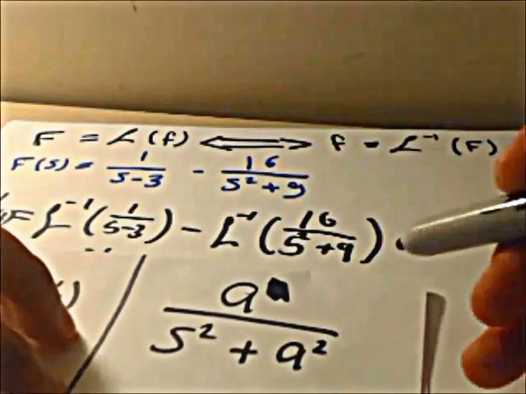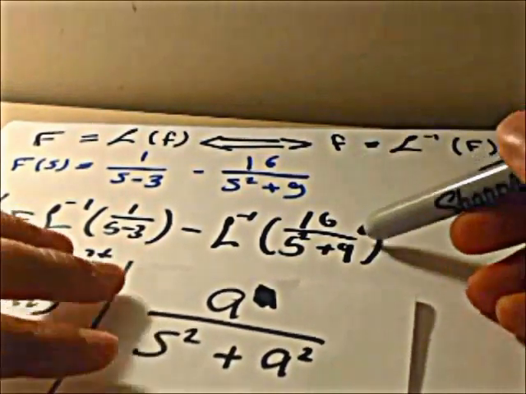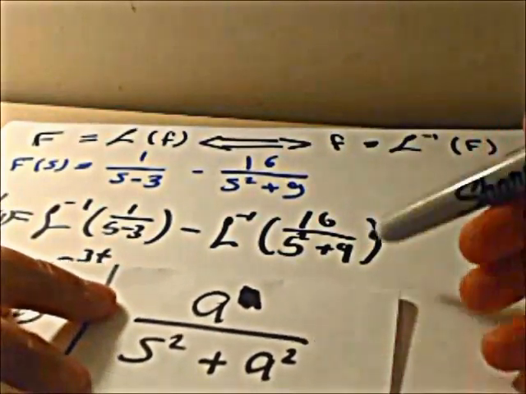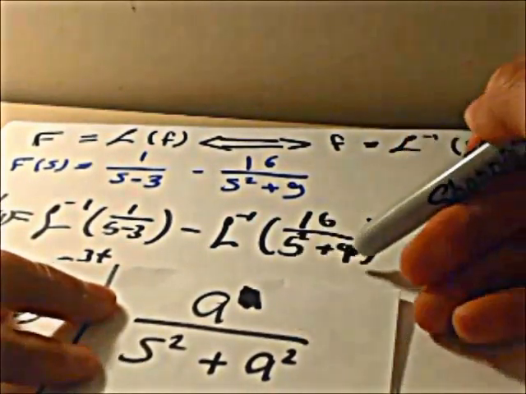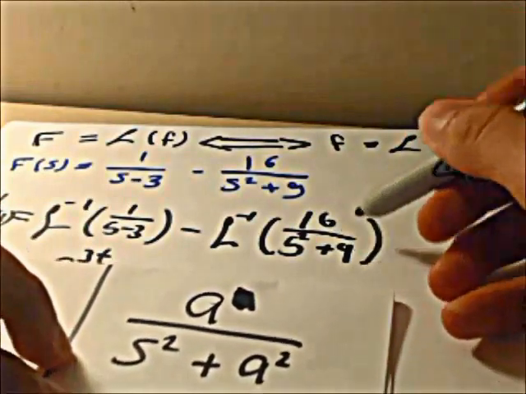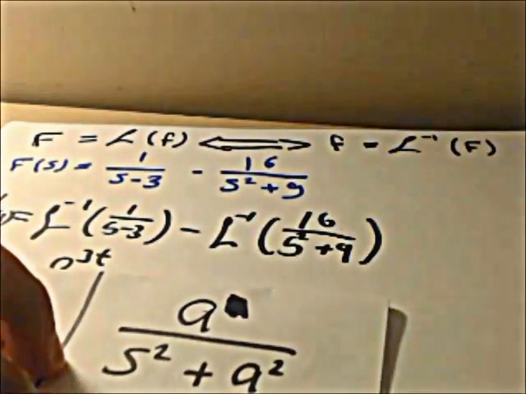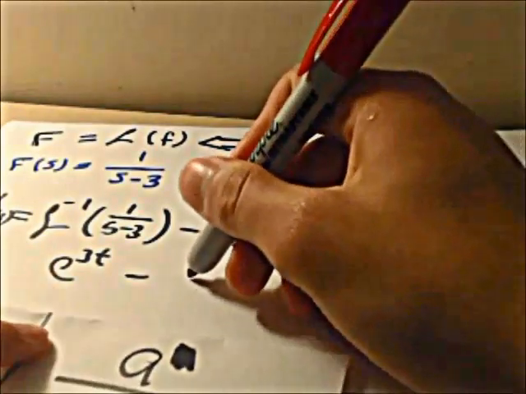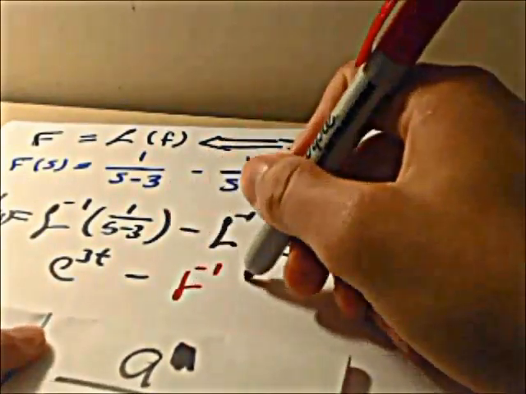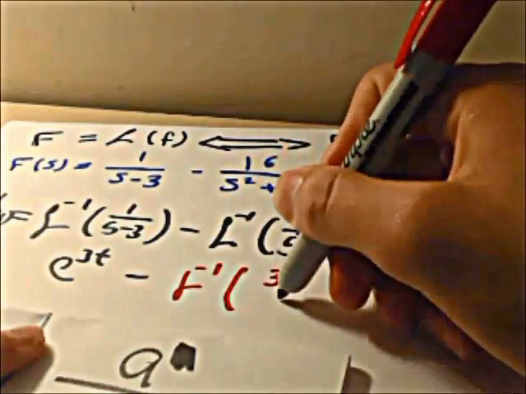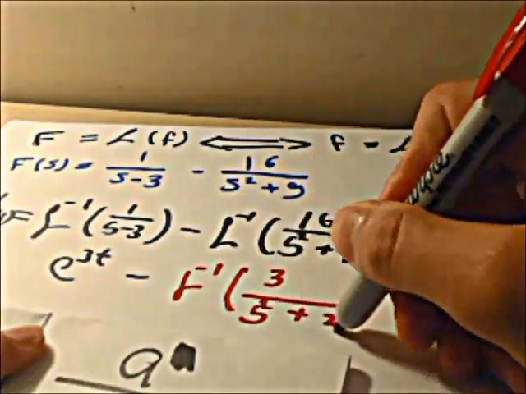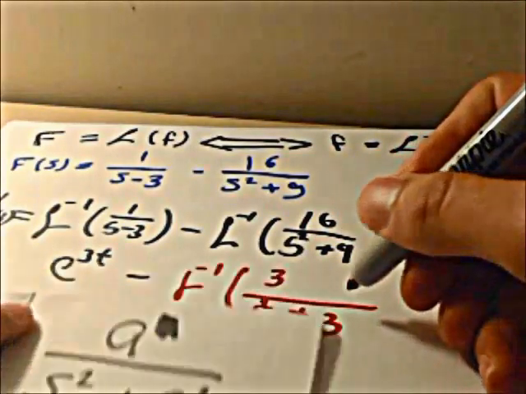What we do is manipulate this expression to make it equivalent to the formula. The square root of 9 is 3, so we're going to make the numerator 3. I'm going to rewrite this: instead of 9, I'm going to write 3 squared, to make it look like a squared.